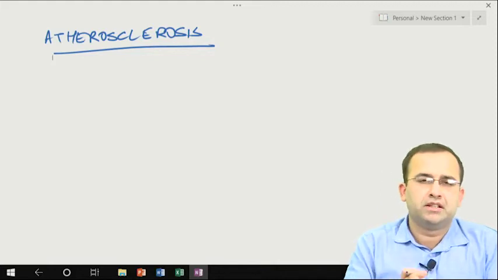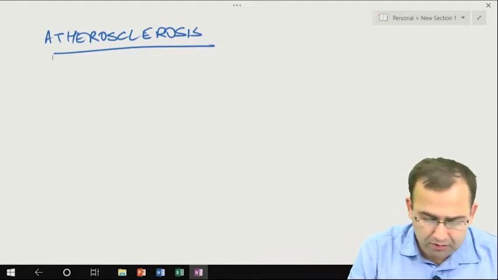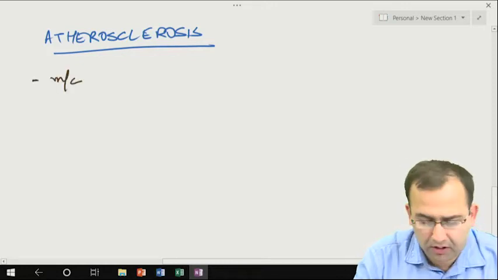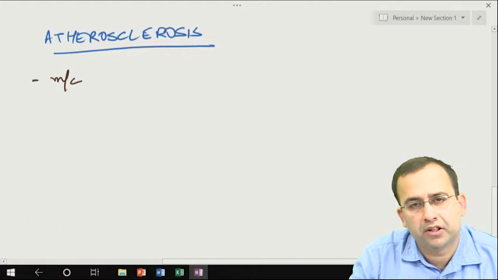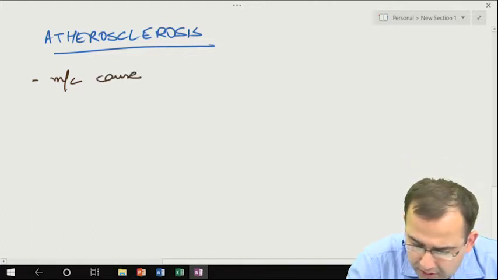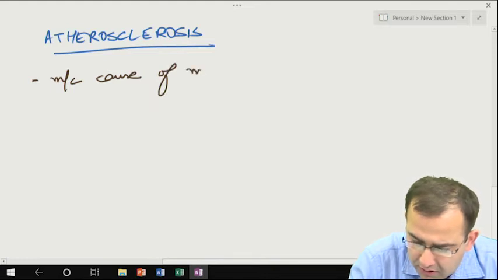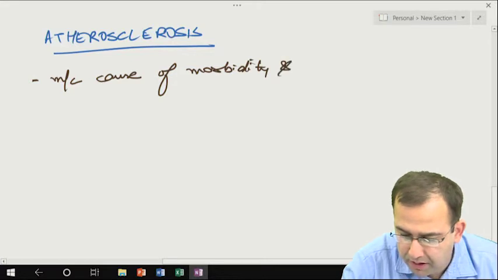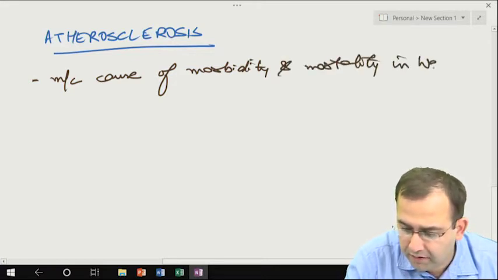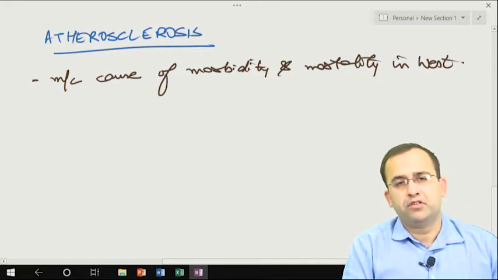I can't even remember the last time I went to a gym or exercised. So it is one of the major problems even in the Indian setup, in the medium and higher socioeconomic status.